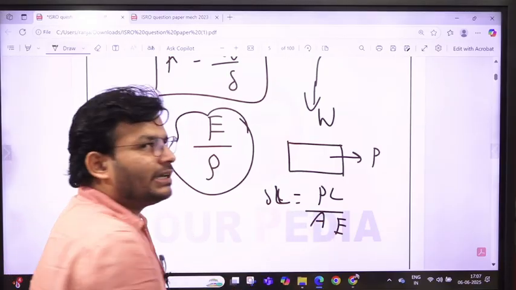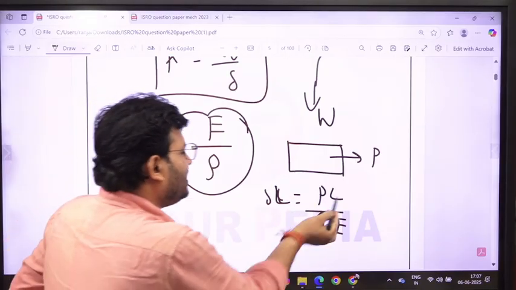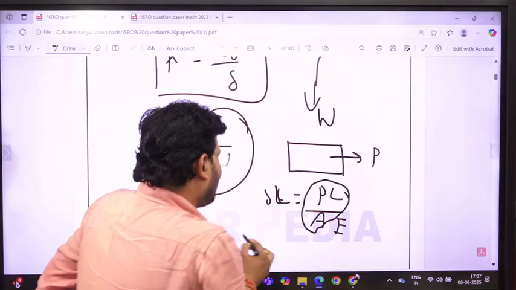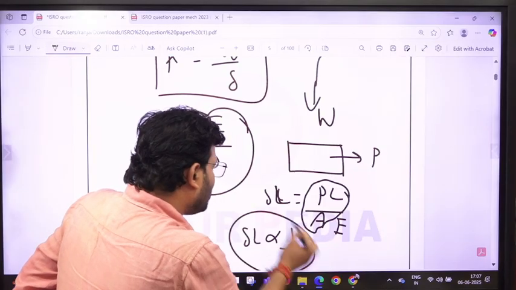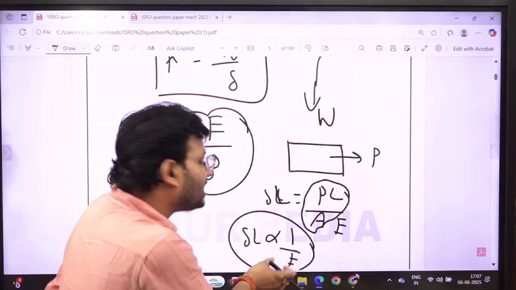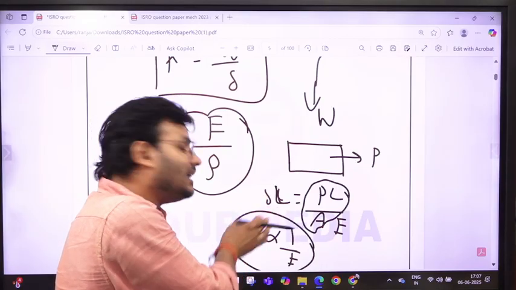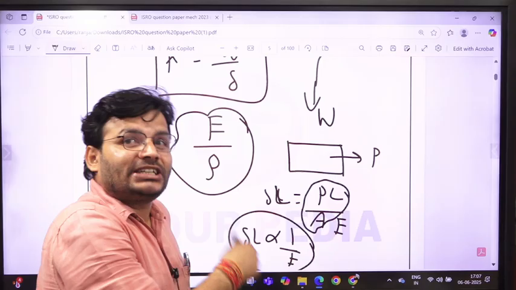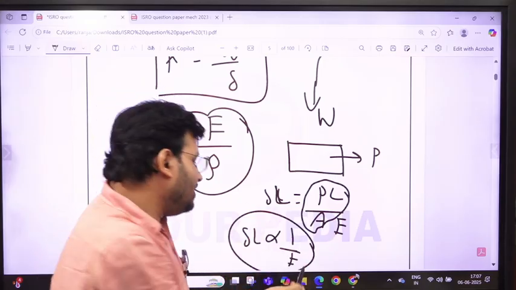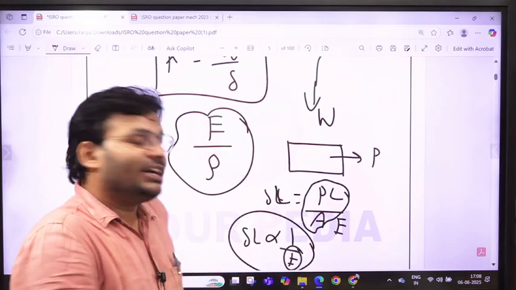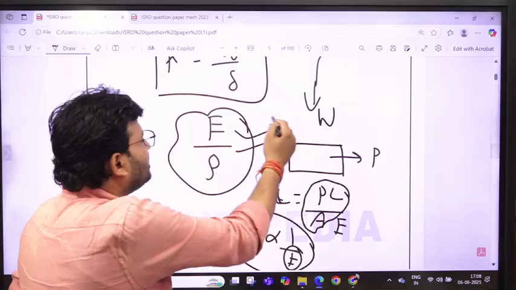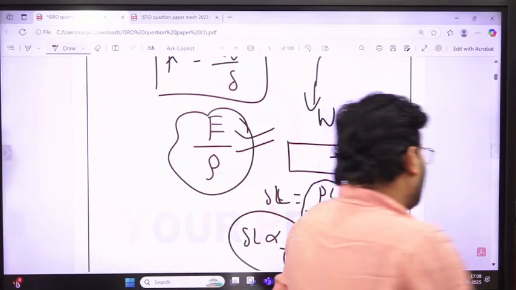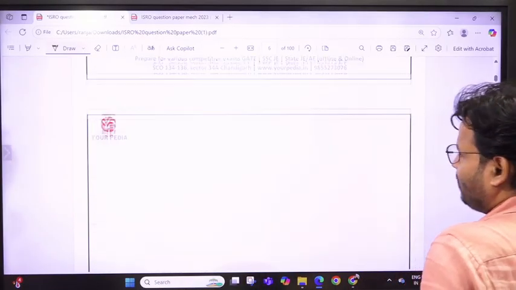Suppose everything is constant, P, L, A, all are constant, so can I say delta L is 1 upon E, proportional to Young's modulus? Yes. So if Young's modulus is higher, delta L will be less. And what is delta L? Change in length. So it resists the change in length. The stiffness resists the change in length. And if you divide it by rho, then you are getting what, my dear friends? Simply a specific stiffness. Okay.